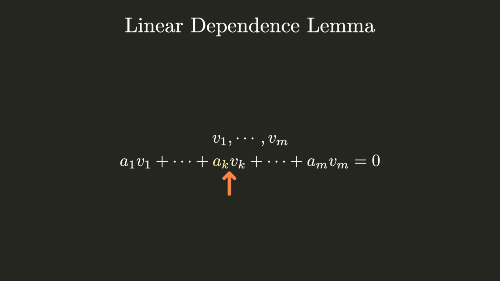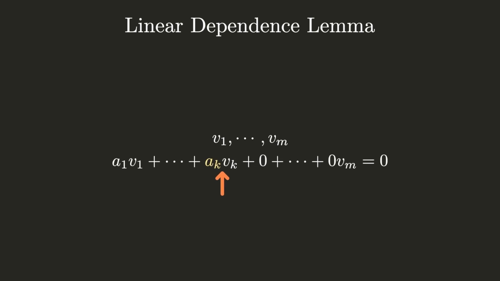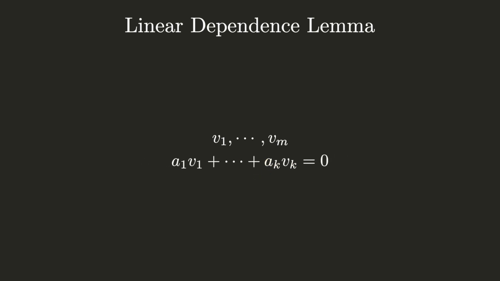So let's start with a list of vectors v1 through vm, and let's assume they're linearly dependent. By the definition of linear dependence, there exists a set of coefficients, not all 0, that generate the 0 vector. This implies we can find the last non-zero coefficient, which we denote by ak. This implies every term after it is 0, so we can remove everything after it, giving us this equation.